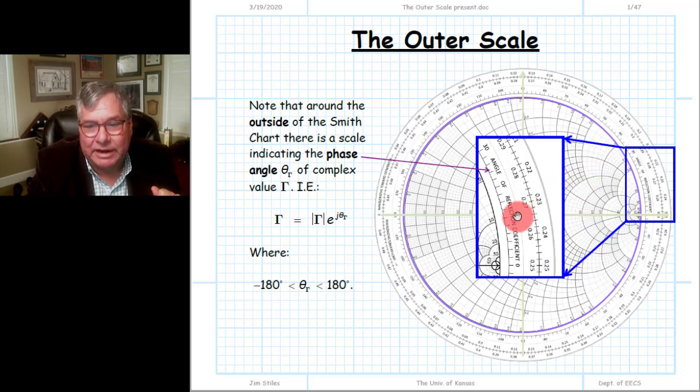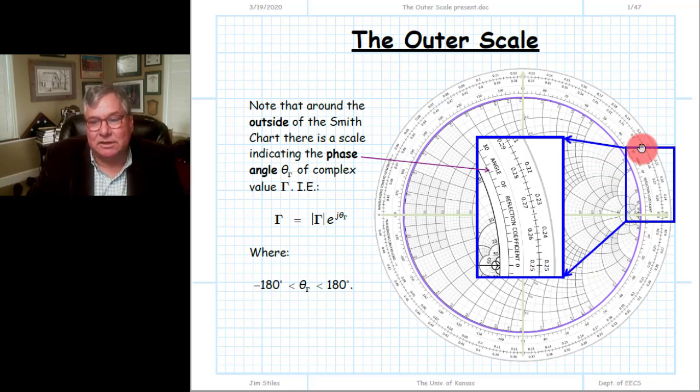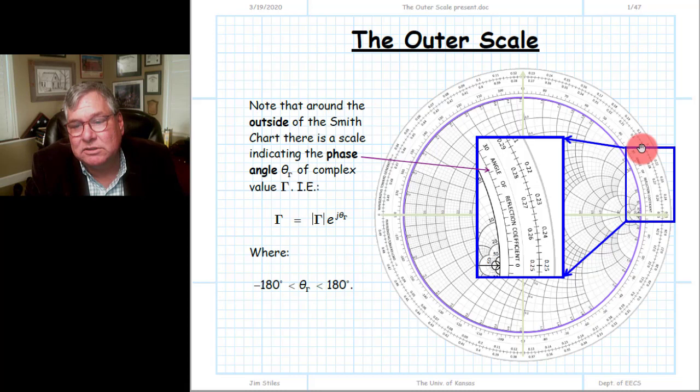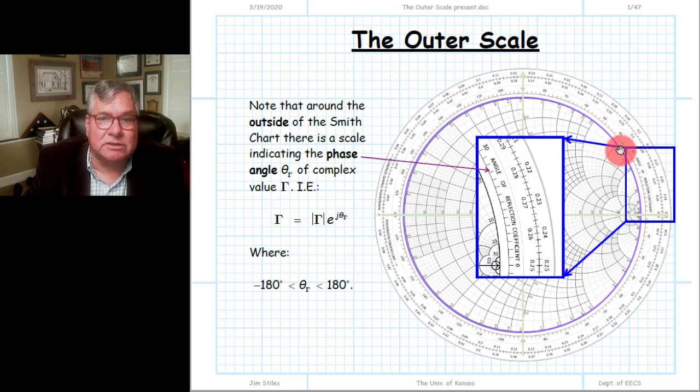If we take a straight edge and draw a line from the center out through that point and continue it until it intersects this angle of reflection scale, we simply look at the number at the intersection of that line. In this case, if we look closely, that number would be about 36 degrees or so.